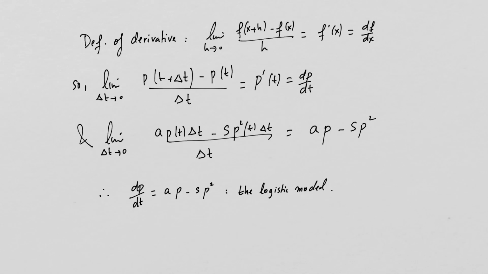Okay? So recall the definition of derivative. This is the average rate of change, right? And if you take limits, it becomes the instantaneous rate of change, which is just the derivative. And I wrote it in two ways. So that means the left-hand side is just dP/dt, right? That's your left-hand side.